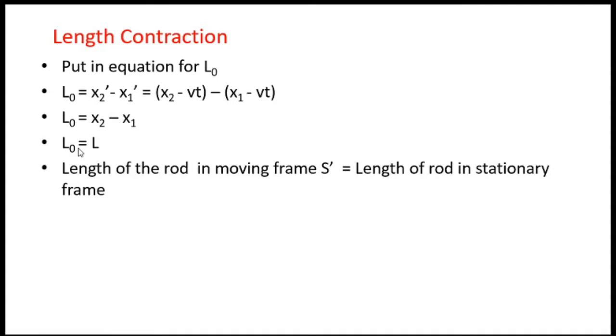So what have we obtained here? The length of the rod in the moving frame S dash, this L0, is equal to the length of the rod in the stationary frame S, that is L. So the length of the rod, whether it is placed in a moving frame or in a stationary frame or a frame at rest, remains the same.